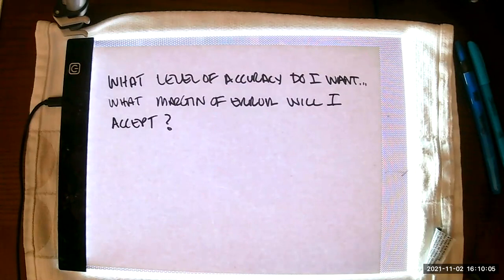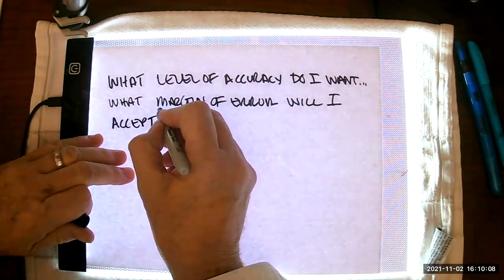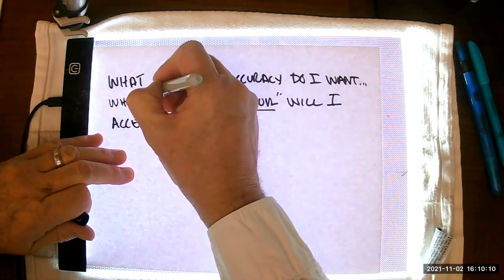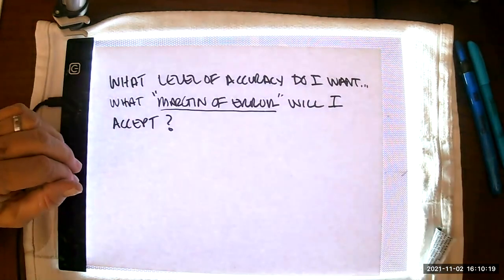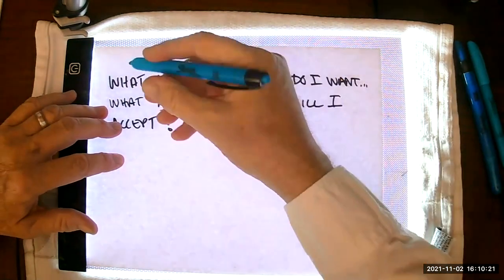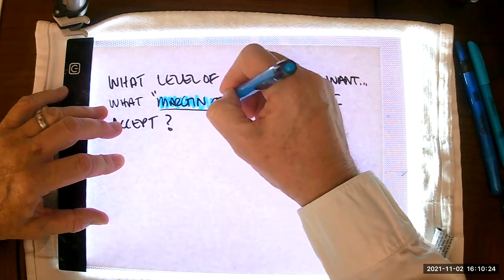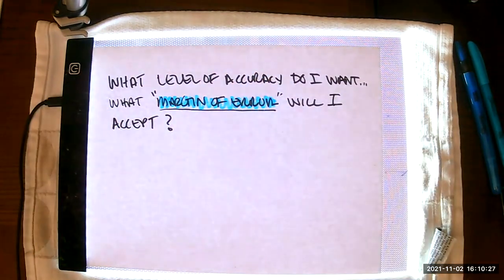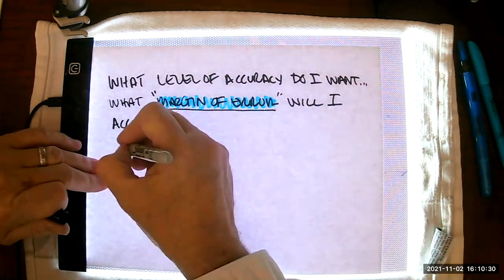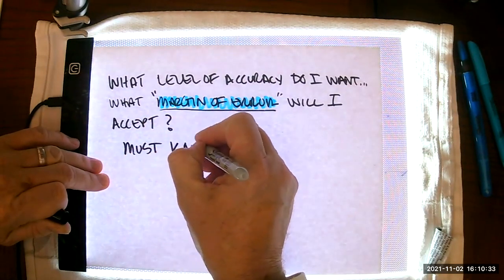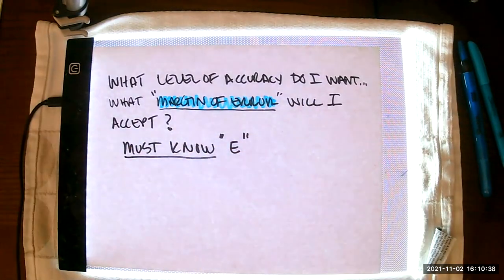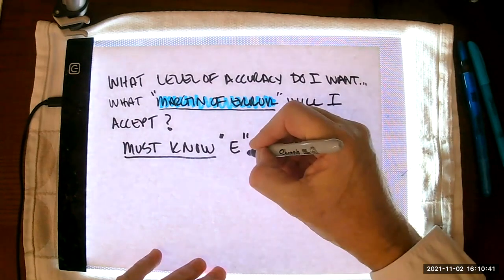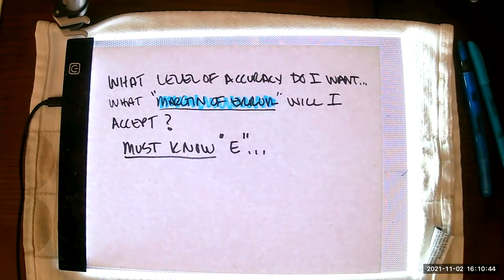So I need a margin of error too. What percentage of error, perhaps, if we're working with proportions, or units if we're not, might I be willing to tolerate? So I need to know my margin of error as well as my level of significance. I must know E. Now, those two things really give me enough to get started on that question.